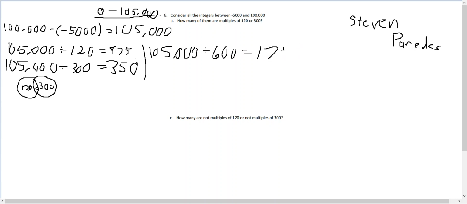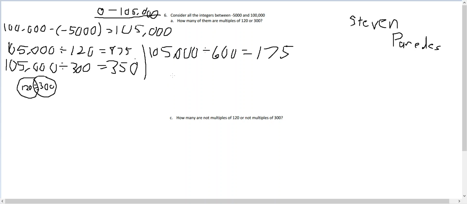So there are 175 integers in the range from 0 to 105,000 that are divisible by 600, which would effectively cancel out or be the numbers that 120 and 300 are both divisible by, which we want to not count twice.